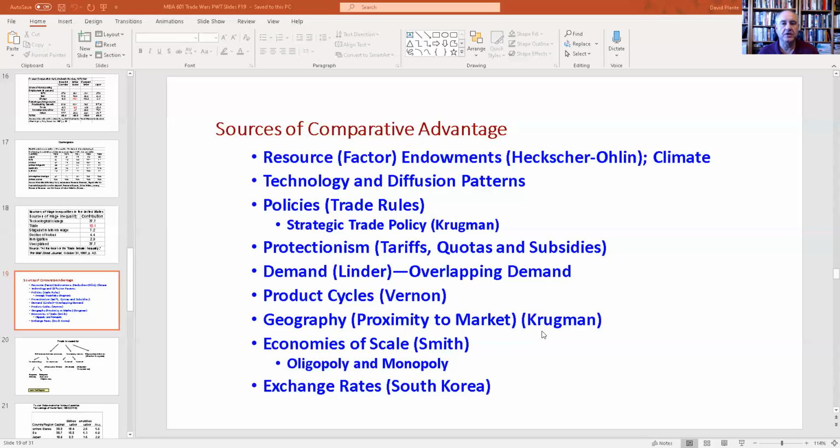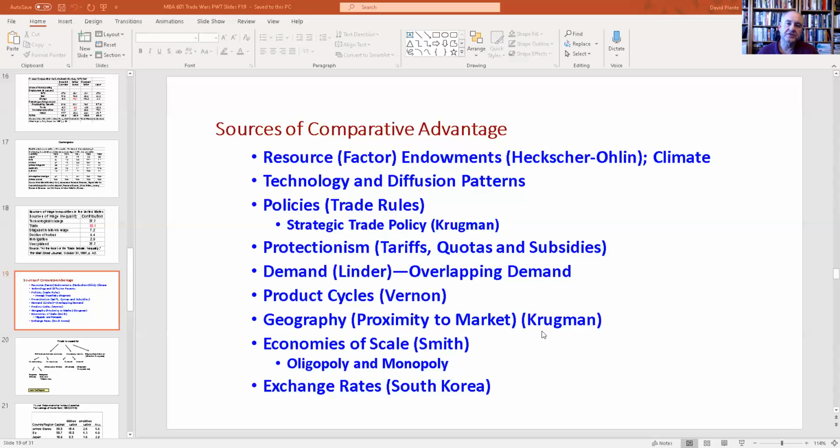But what was really going on is that the goods were being produced in the US when high-skilled labor was the most important factor. And then as they moved along their product cycle to a period when labor became the most important input, they were moving offshore. So we were importing these goods, but it was not so much that we were importing a single good, we were importing a good at a certain time in its life cycle. So that can be a source of comparative advantage, or at least show how it plays out in different areas.